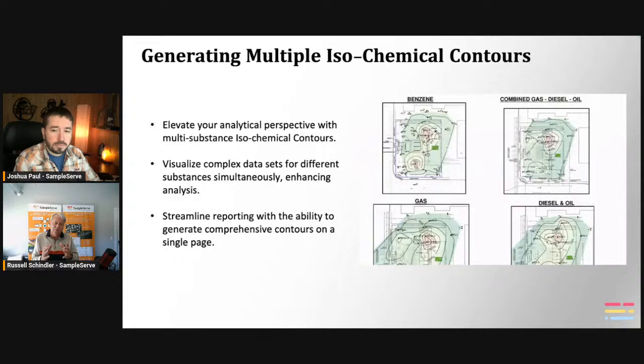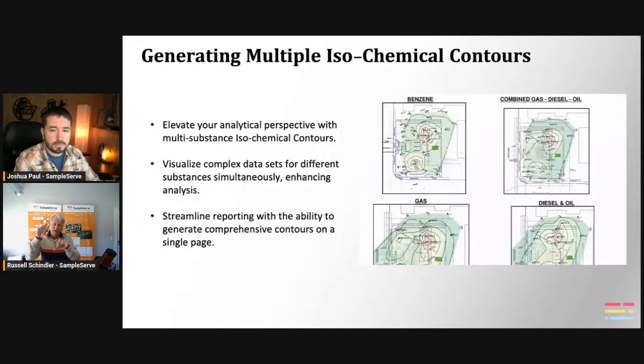Sometimes you only want 2 or 3 contours, depending on what you're trying to illustrate. Those will then map out and place the isochemical contours for each individual chemical all simultaneously, and then arrange them on a sheet of paper so that they fit nice and neat.